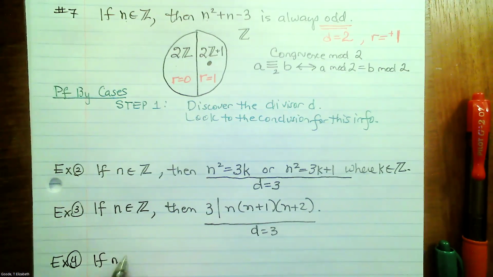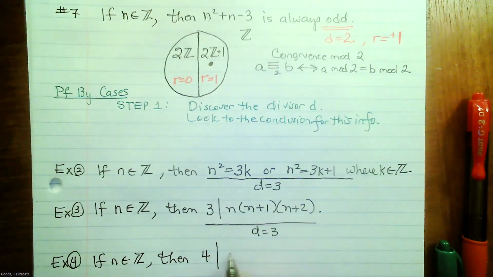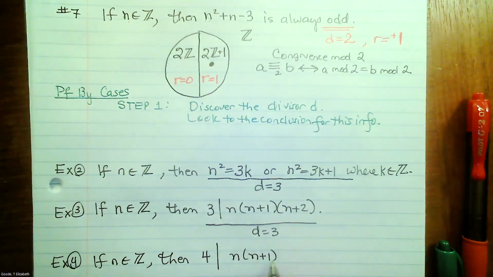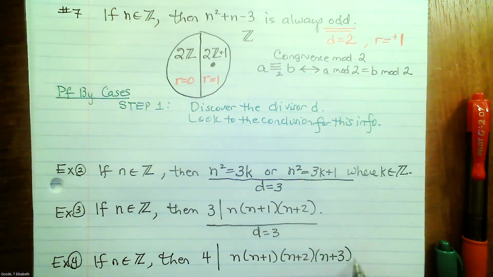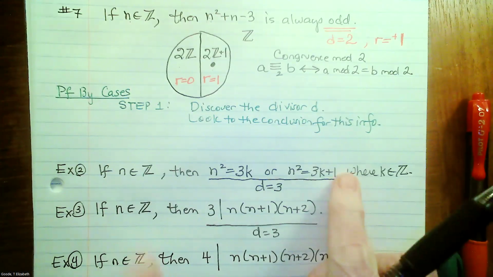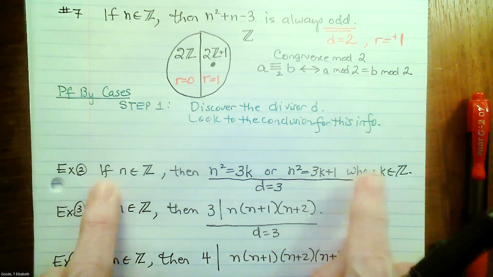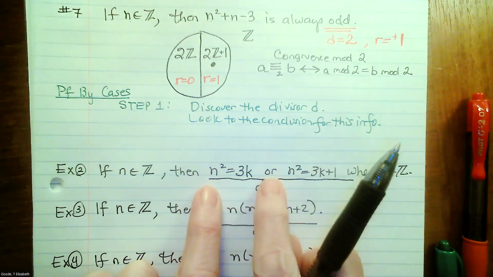We could even do another one. If n is in Z, then 4 will divide the product of 4 consecutive integers. We did write this proof last night, and you can look at the notes. This is an interesting one because the conclusion is a disjunction, an or statement.